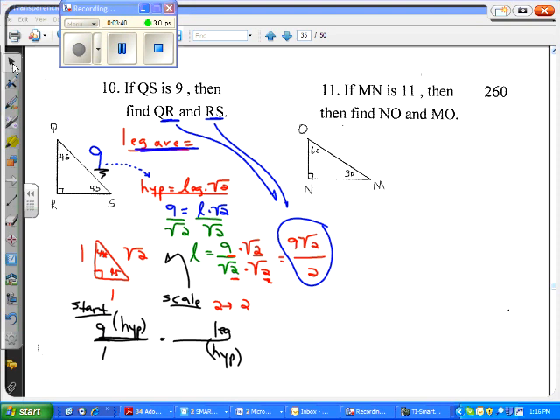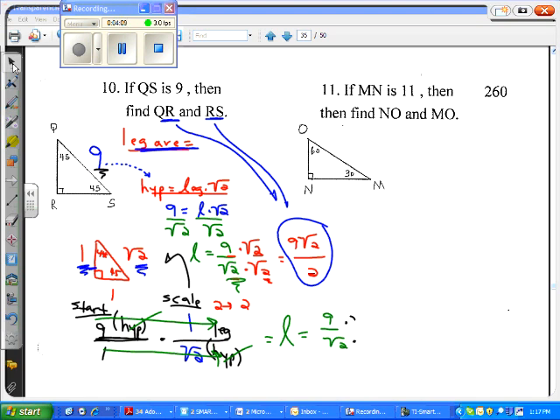And we go to our picture and we say, okay, what was the leg number? And the leg number is 1. And what was the hypotenuse number? And the hypotenuse number was square root 2. So we've eliminated the name hypotenuse and gained the name leg. And so we get the leg is equal to 9 on top, square root of 2 on bottom, which is the same thing we had at this point.